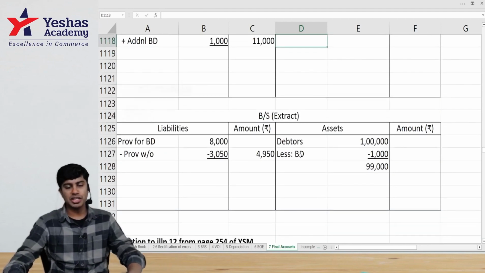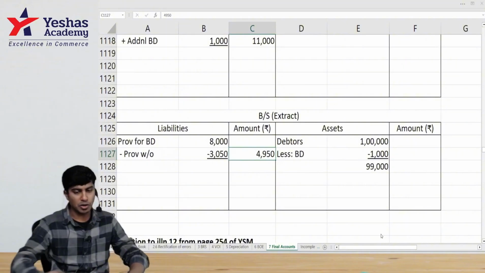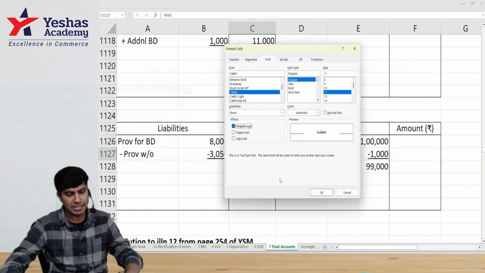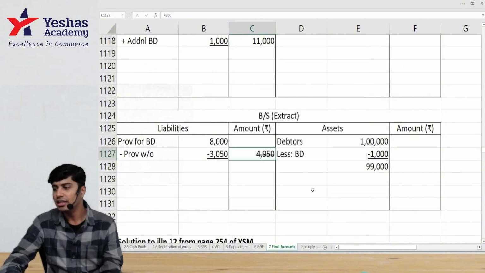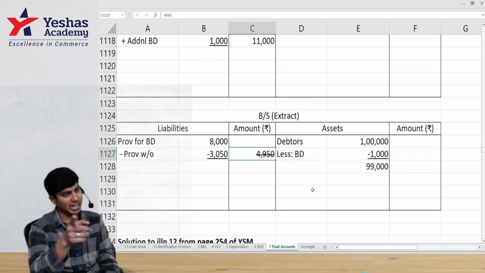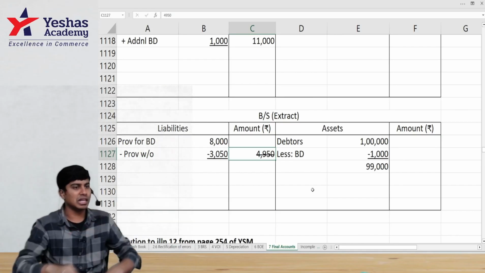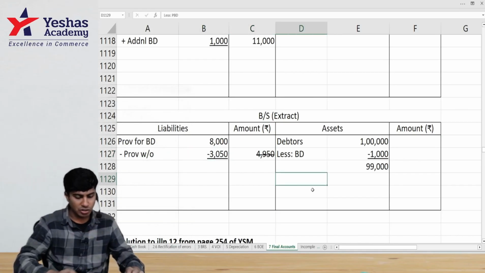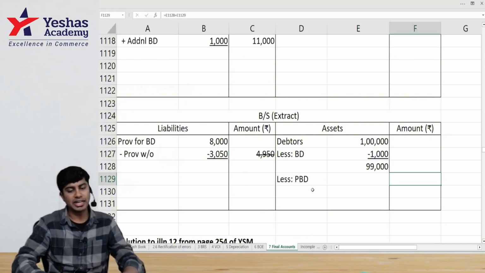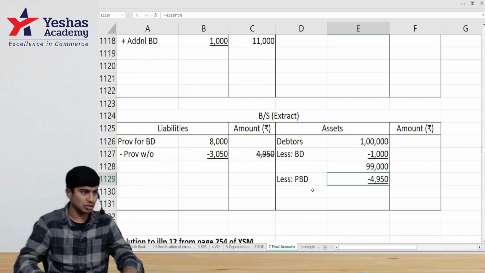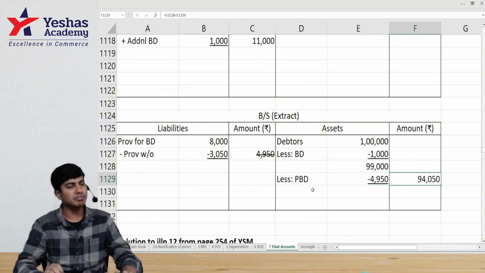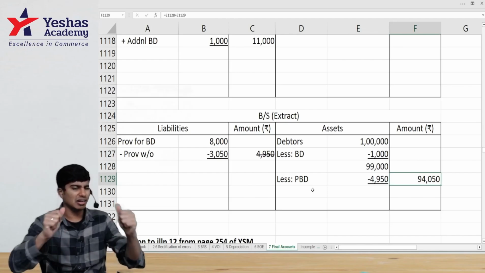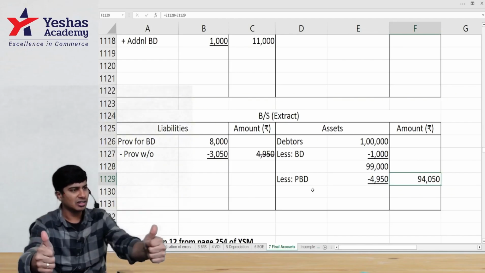Only point that I should note is because provision is a liability, I've written it on the liability side. However, because it relates to an asset, we have to eliminate it from the liability side. And as a matter of presentation, I would deduct it from my asset of 99,000, making my debtors become 94,050. Did you get it?